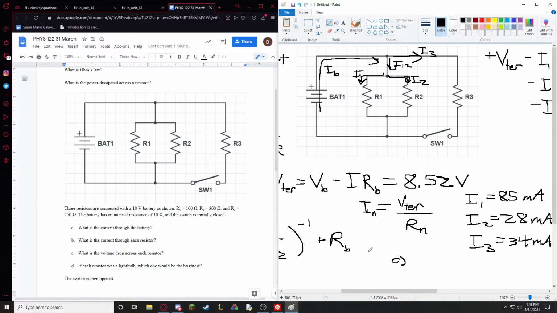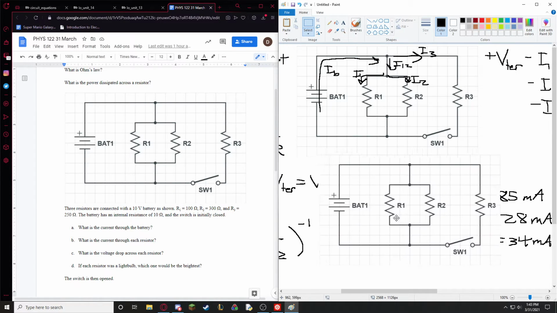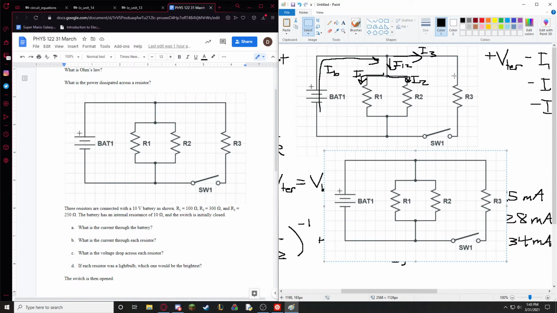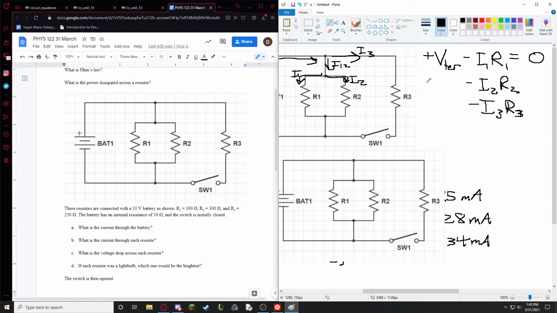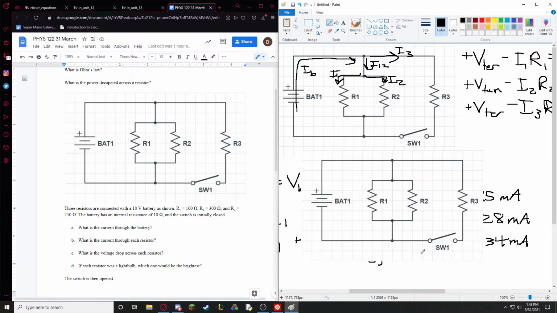So essentially, let me get a fresh image here just to visualize. For each of these equations, I'm starting at an arbitrary point. Let's start right before the battery, and we draw a loop.